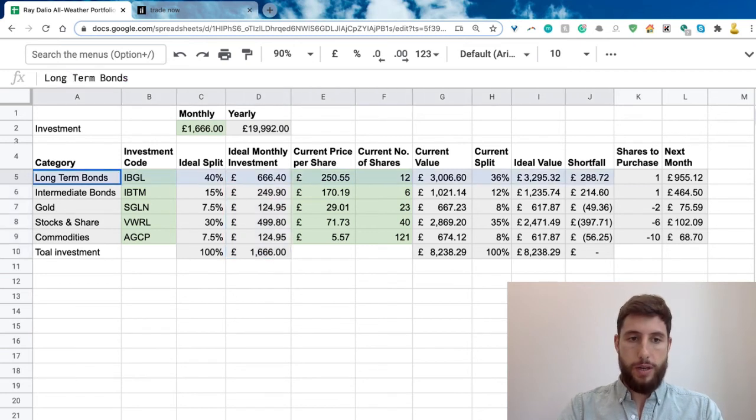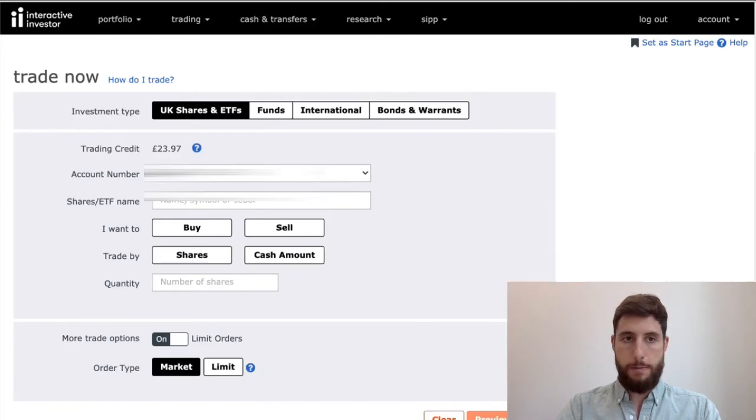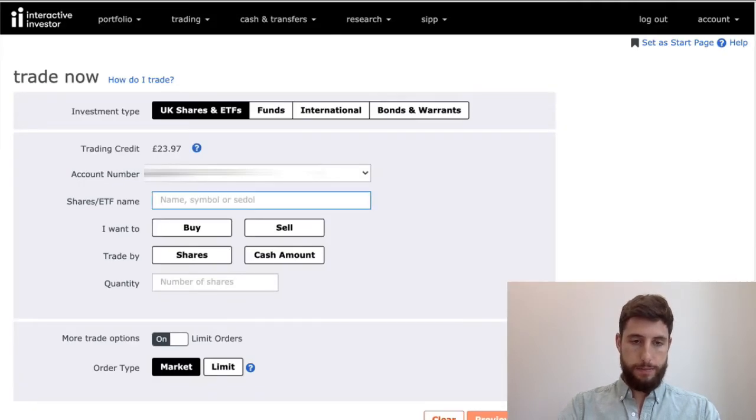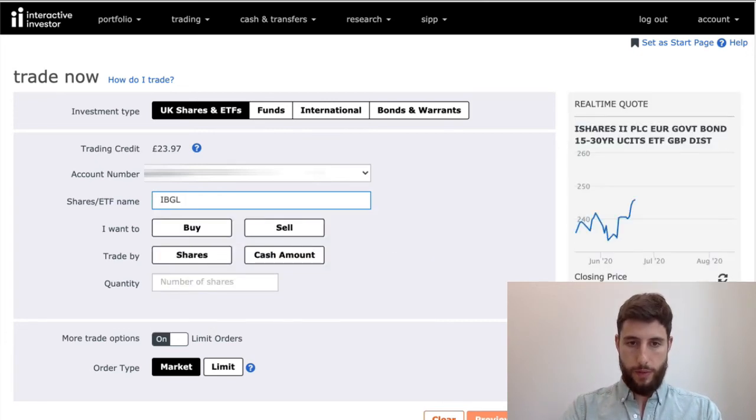So let's take the top one as an example. Here, we want one more share, so we want to find it first. It's IBGL in this example. So we say IBGL and click on that.